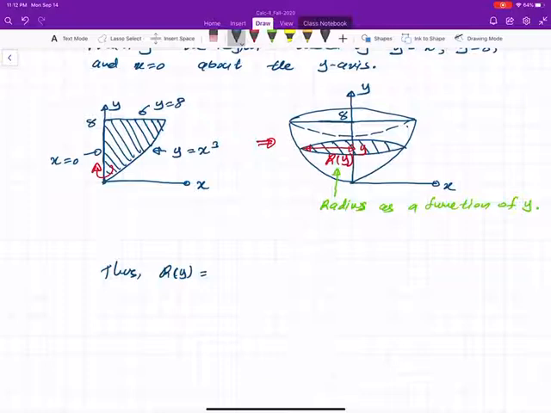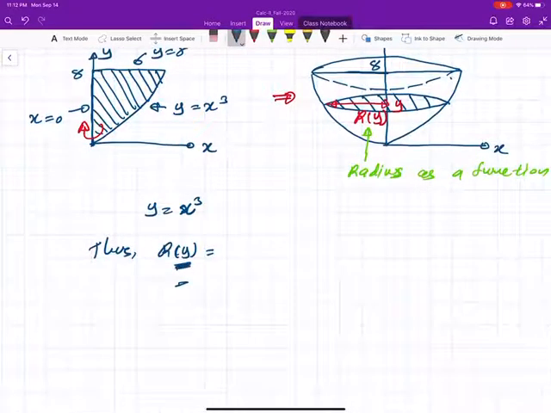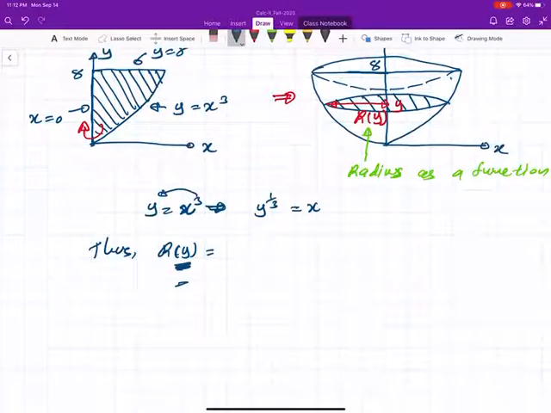That function is y equals x to the power 3. Now this should be a function of y. Alright, then what you do is you just solve this equation for x, then you get y to the power 1/3 equals x. Okay, that means you can just bring this 3 into y as a power of 1/3. Alright, then y to the 1/3 equals x.